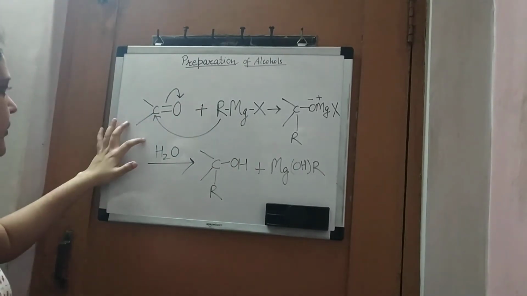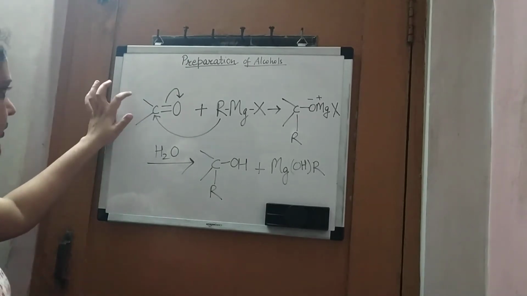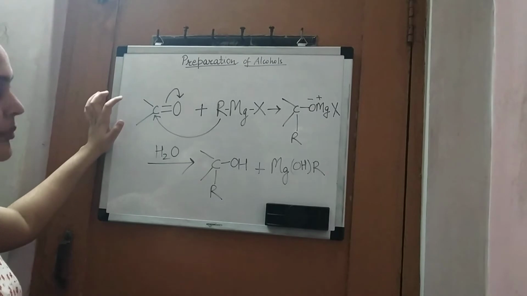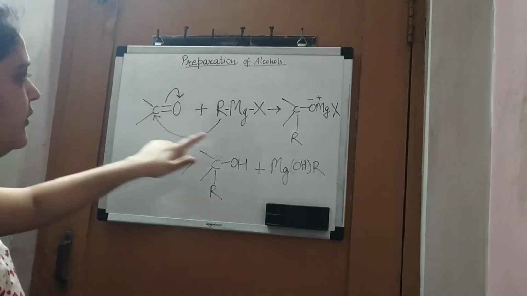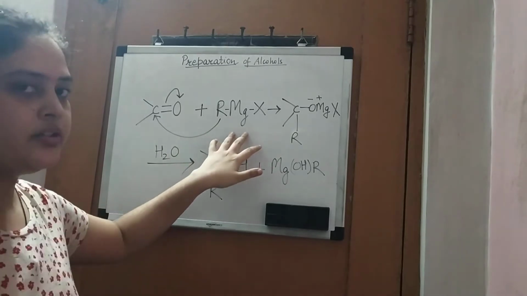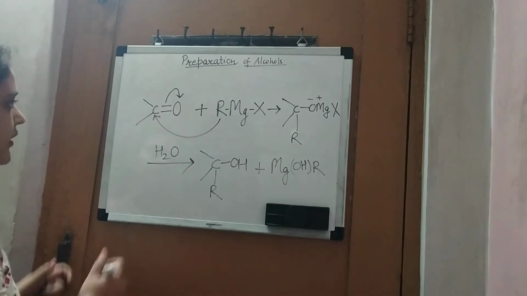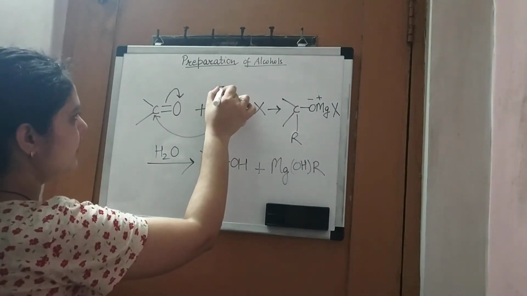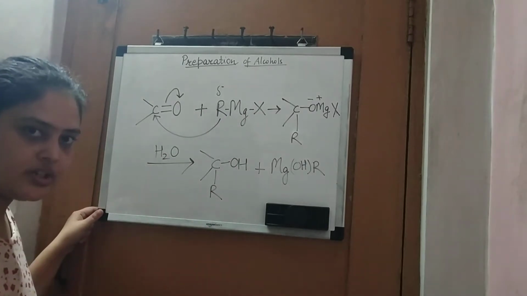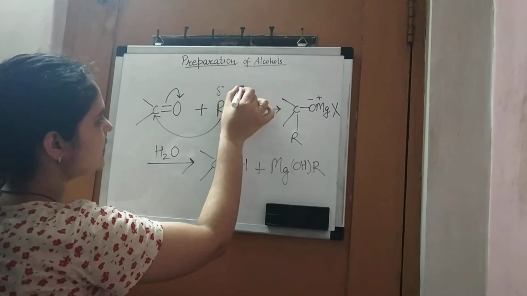So here I am taking the carbonyl group. It can be a ketone or it can be an aldehyde based on the groups attached to it. So when you add the Grignard reagent, that is RMgX, then what will happen? This R is electronegative, so partial negative charge will be there, and this magnesium will have partial positive charge.